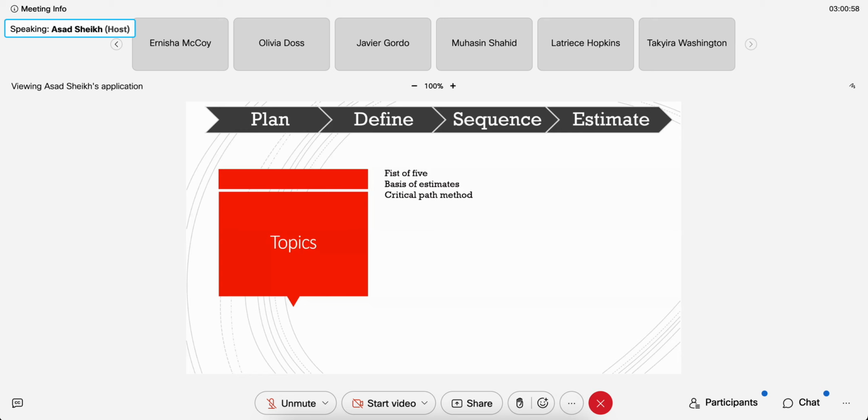Consensus based. And then you got critical path method. So critical path method is another way to find out the best path to getting to the end.